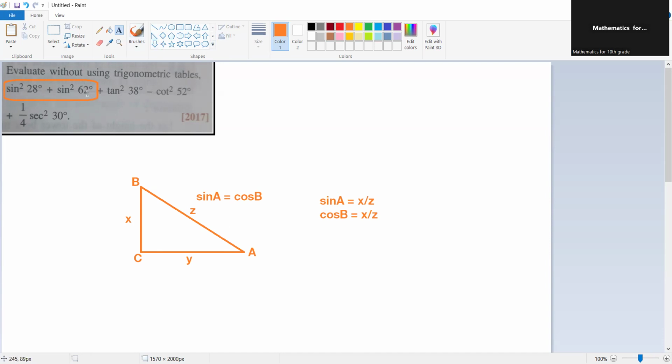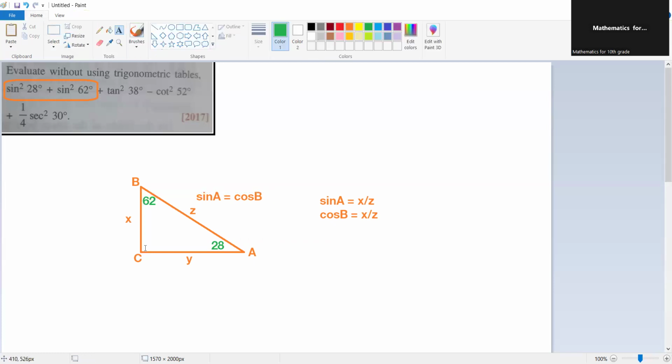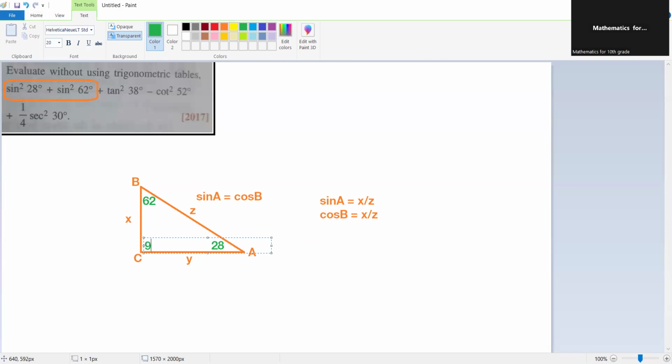And if you notice, 28 and 62 are also complementary angles because they both add up to 90. So if A is 28, B has to be 62, because C is 90 degrees and all of them have to add up to 180.